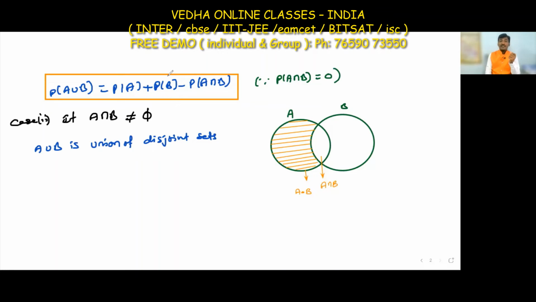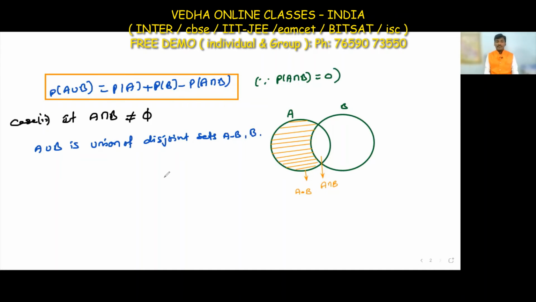So A union B is the union of this A minus B and B. If we combine this A minus B shaded, the yellow color shaded part, as well as B, if we combine both, that is union, the total A and B. So these are disjoint sets, A minus B, comma B. Since they are disjoint, the intersection part is 0 between these two sets.